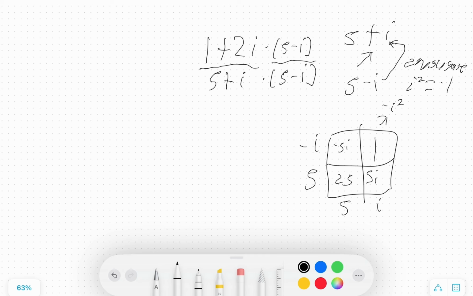We multiplied by the conjugate not only to simplify this, but so we can get rid of these. So when we use the box method, we add everything up: 25 plus 5i minus 5i plus 1.